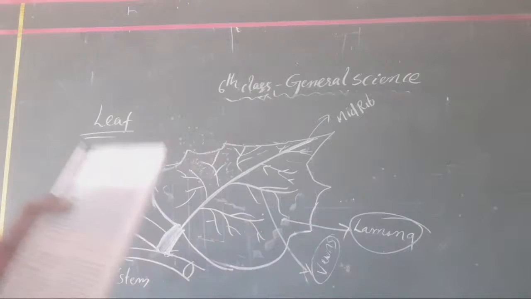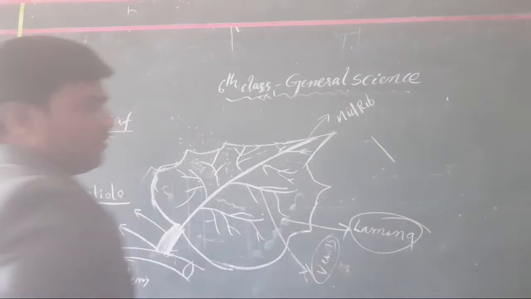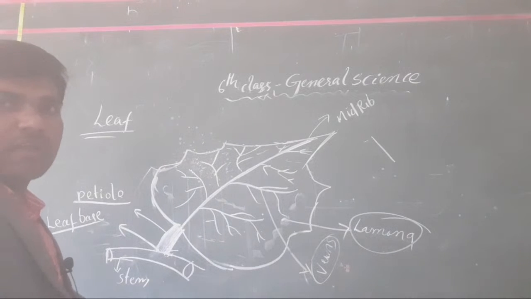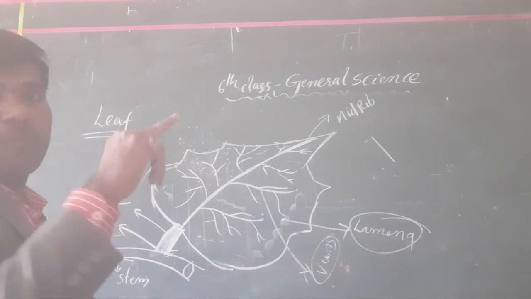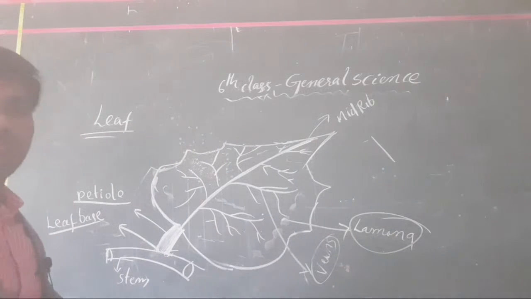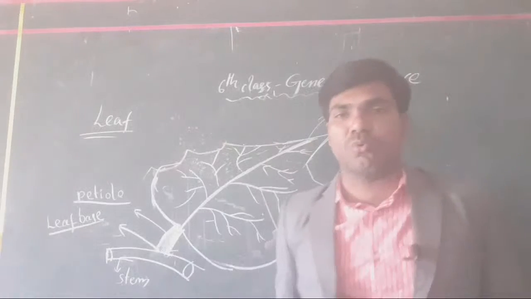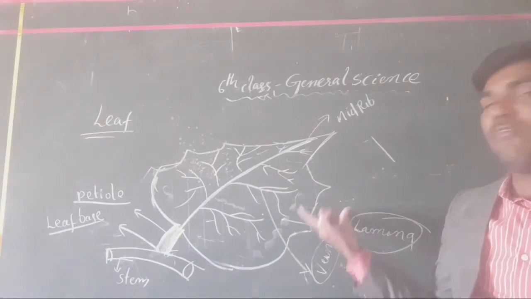Some edges of the leaves may have a sharp nature. Some may not be sharp; they may be triangle shaped, or any other shape. Every edge of the leaf is not the same. In that mode only you have to observe the leaf structure.